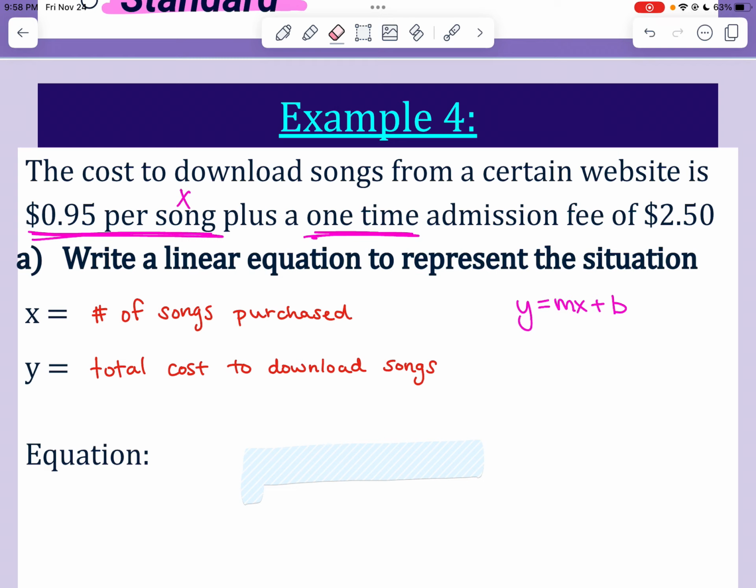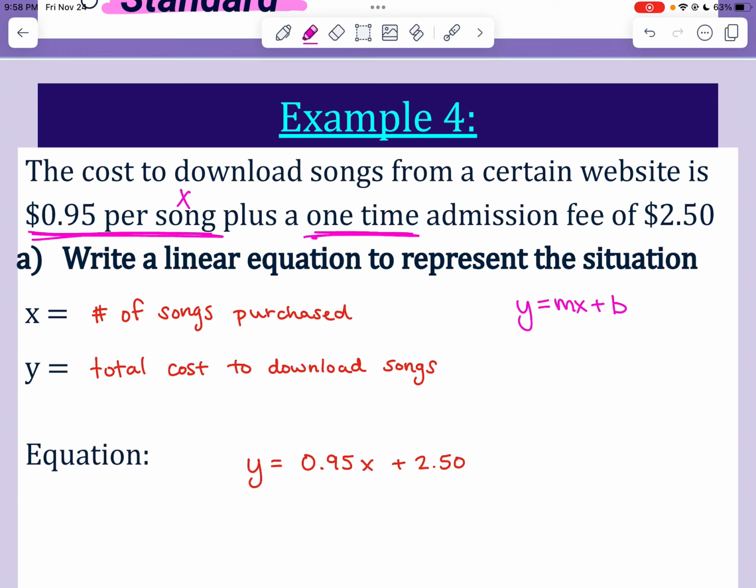So our equation, if we plug those values in, 95 cents goes with the number of songs. That has to be our slope because that goes with x. And our one-time fee of $2.50 just gets tacked on to that.